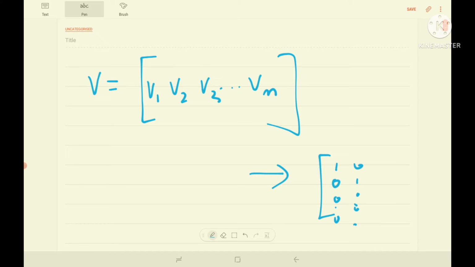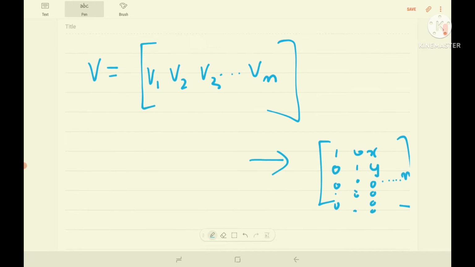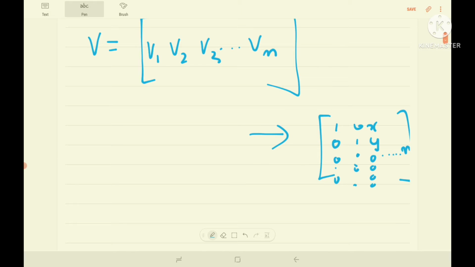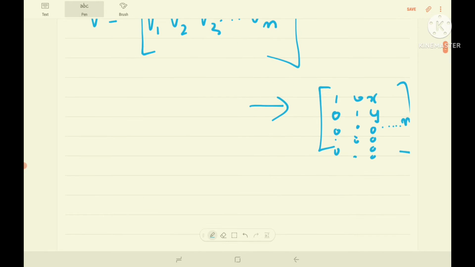And here surprisingly I have a dependent column, which is x, y, and 0 0 0 0 till the end, and so on till n columns are completed.